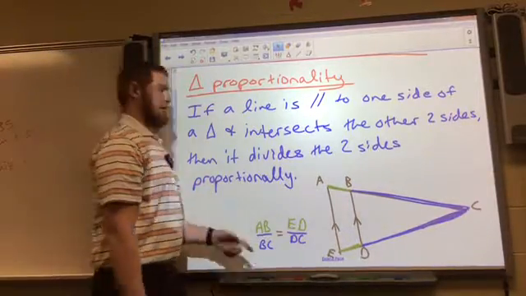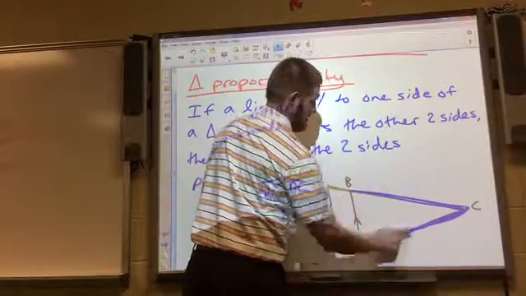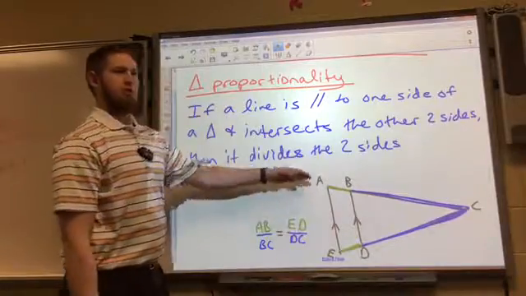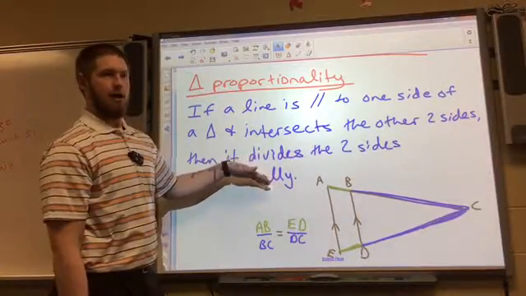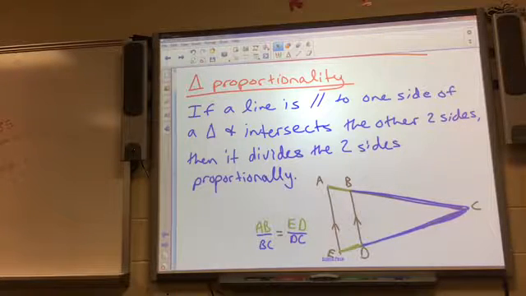But if these two triangles were similar, BDC and AEC, wouldn't this be true anyways? So some of you were getting away with using this, but you do have to be careful, because if those lines aren't actually shown to be parallel, maybe you can't prove that they're parallel.